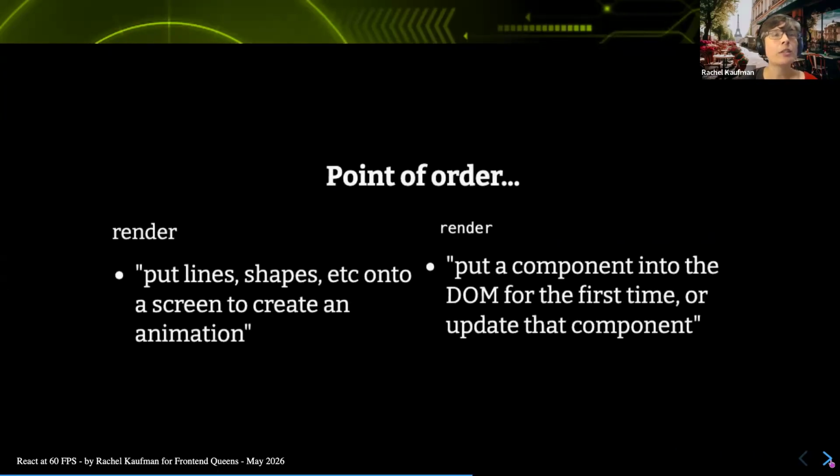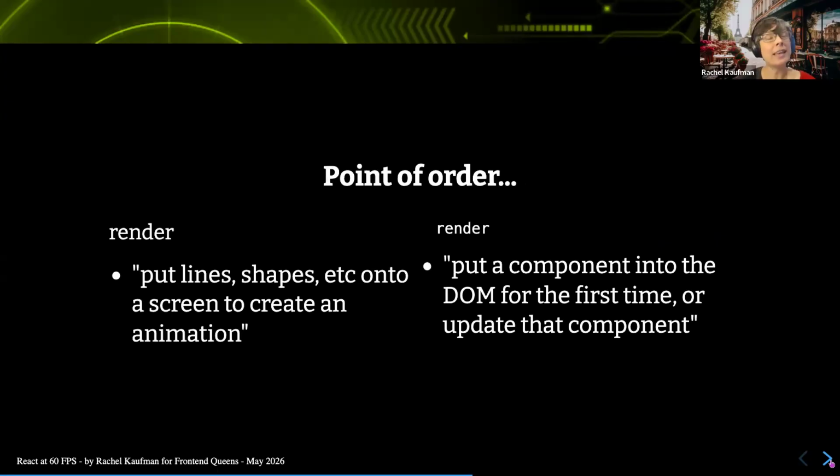Okay, really quick point of order. I've been saying render a lot, and I'm about to say render more. This might be the one animation term that I'm accidentally saying because it means two different things. Render in the animation sense, this is not Merriam-Webster, this is my definition, means put lines or something onto a screen to create an animation.